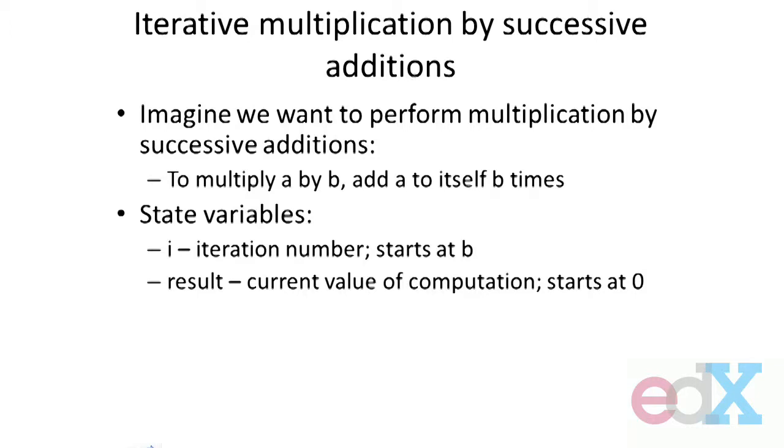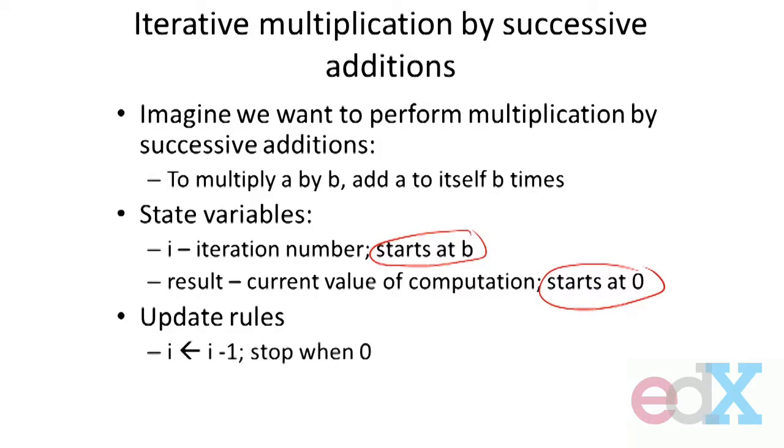So notice each of these state variables has an initialization. We started off somewhere. And then we think of the computation as iterating through or updating those state variables. And those update rules in this case would be that on each iteration, i, my iteration number, is going to reduce by 1. And result, the thing that's holding the computation, is going to take the current value of result, add the value of a to it, and that becomes the new value of that state variable.